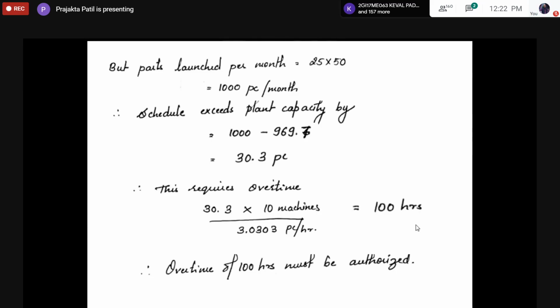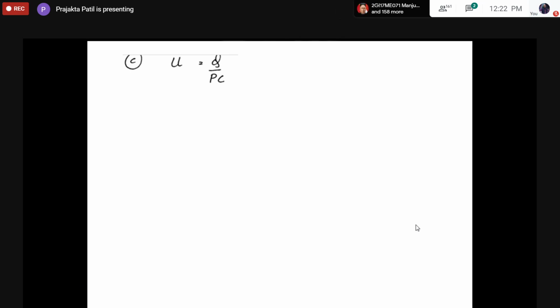So find the next, utilization. What is the utilization of the plant? It is given by Q divided by PC. We know what is PC, that is production capacity.